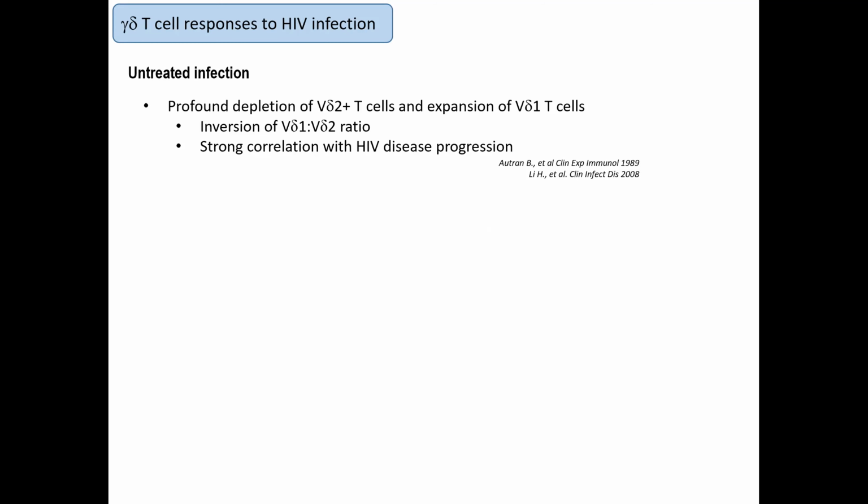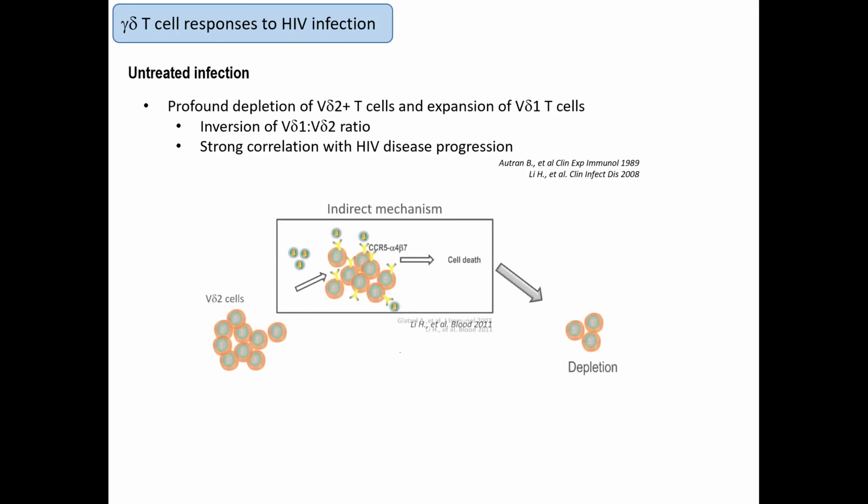The mechanism of this VD2 depletion was reported to be through an indirect mechanism because they don't express CD4, right? So this indirect mechanism was through direct binding of HIV to the CCR5 alpha-4 beta-7 integrin complex, leading to cell death and this depletion.